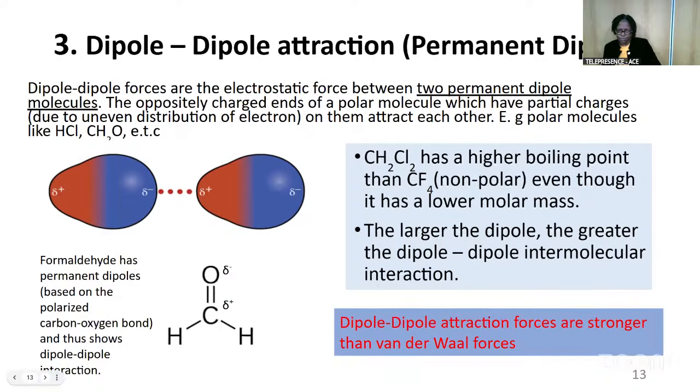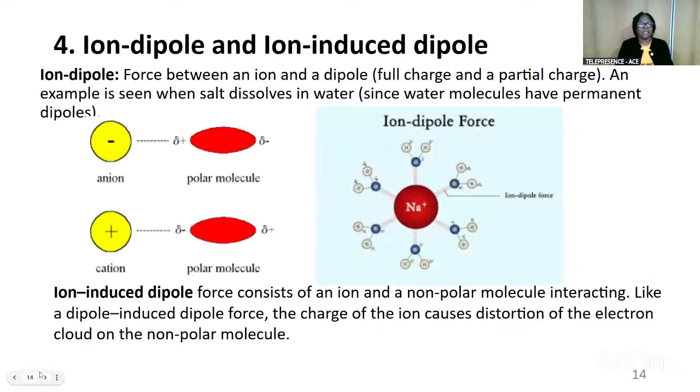And here you're going to find that when you have larger dipoles, you're also going to have stronger attraction. So the larger the dipole, the greater the dipole-dipole attraction. And dipole-dipole attraction forces, like I said, are stronger than the van der Waals forces. That is, they are stronger than the first two that I mentioned.